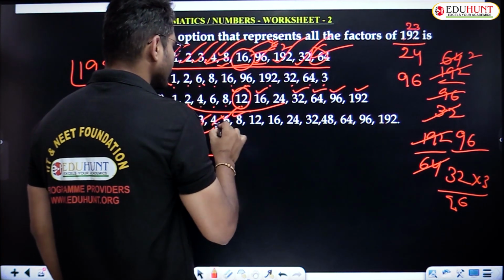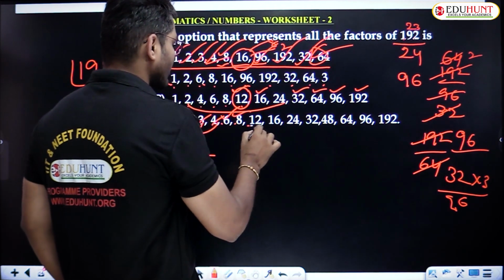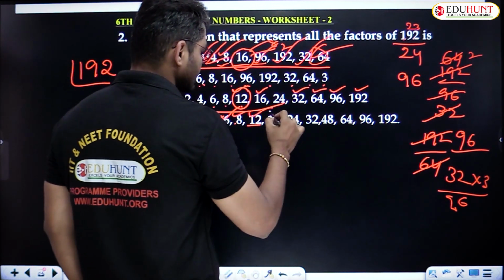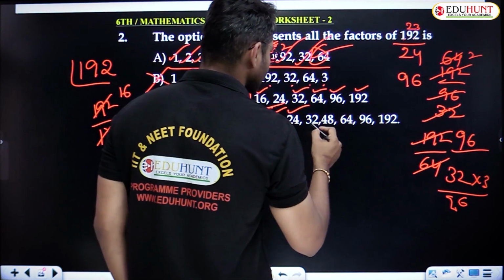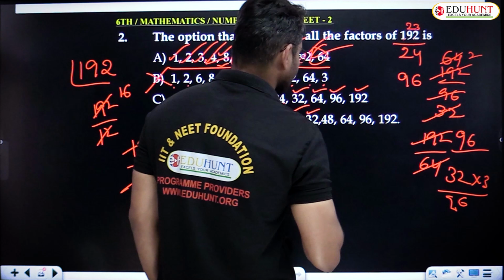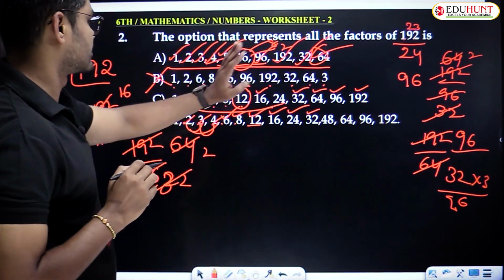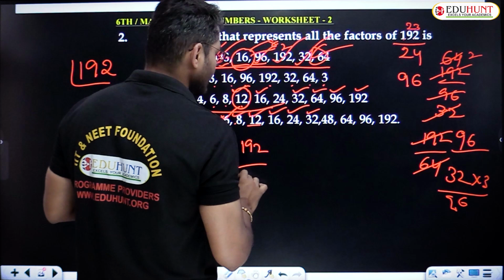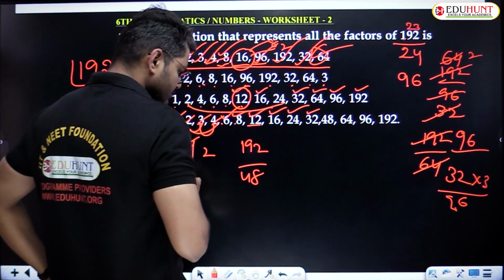8 table, 4 and 2 it is divisible, 8 table divisible. 12, 3, 4 divisible, therefore 12 table divisible. 16, yes, divisible. 24 divisible. 32 it is divisible. And 48, let's check 48. Here there is no 48. So 192 by 48.